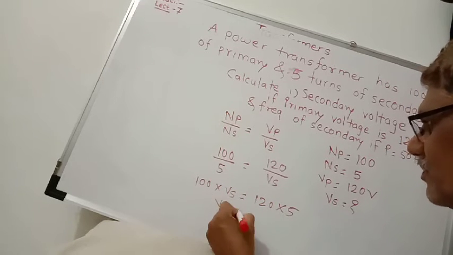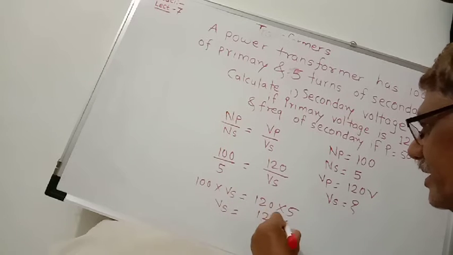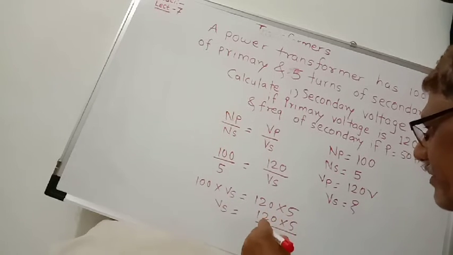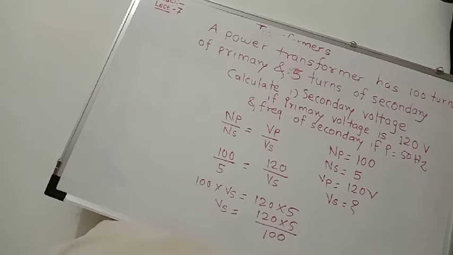So Vs is equal to 120 into 5 divided by 100. That gives Vs is equal to 6 volt. That is, the secondary voltage is 6 volt.